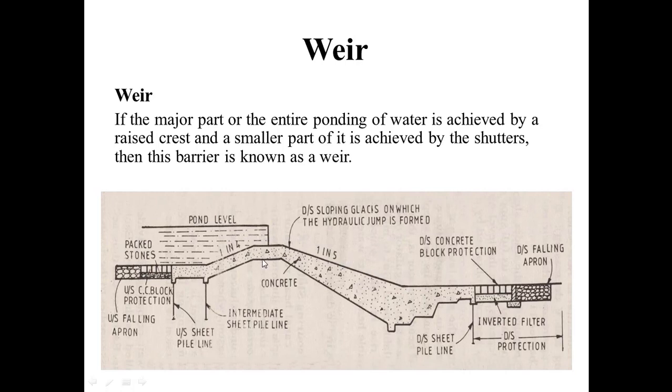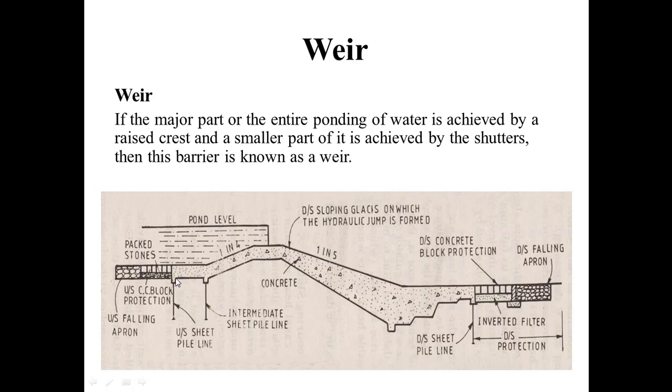Normally the structure is constructed as shown in the figure, in which there is a floor. At the start, on the upstream side, there are stones laid or packed, and this is called the falling apron. At the next level there is a concrete bed.